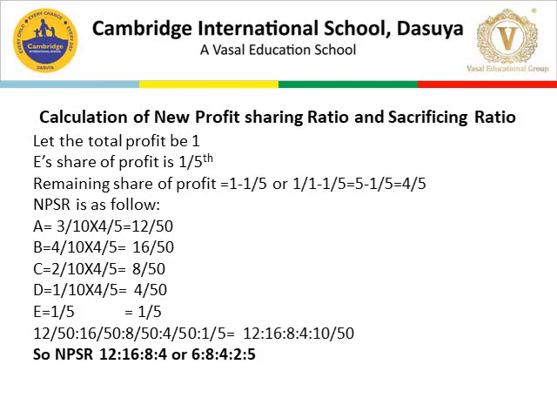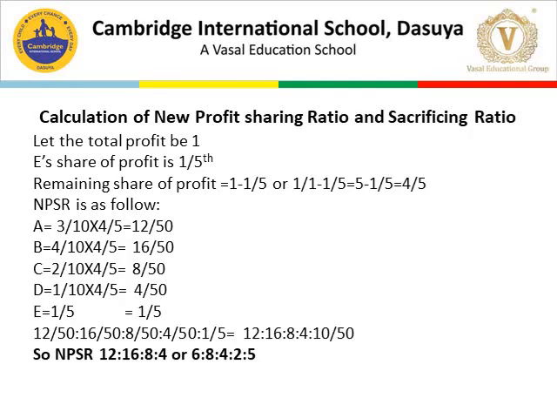Now, the calculation of the new profit sharing ratio is as follows. A equals 3/10, which is the future profit given in the question. 3/10 into the remaining share 4/5 gives you 12/50. B: 4/10 into 4/5 gives you 16/50. Simple calculation.